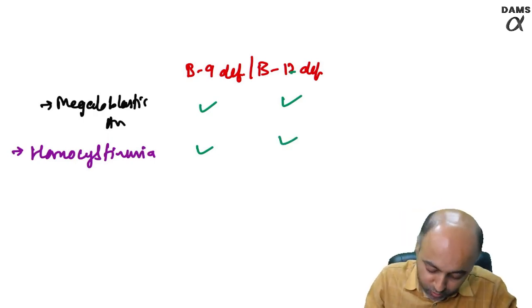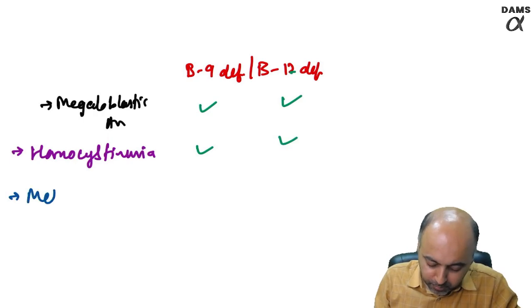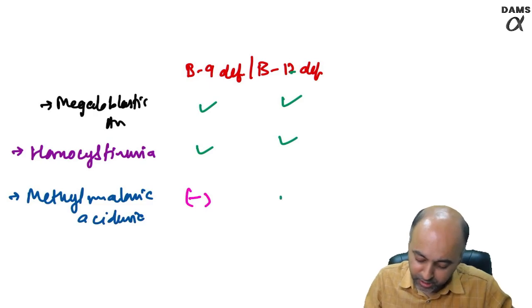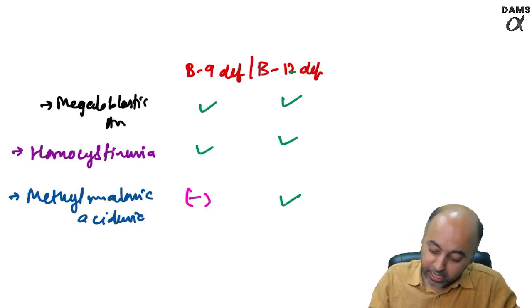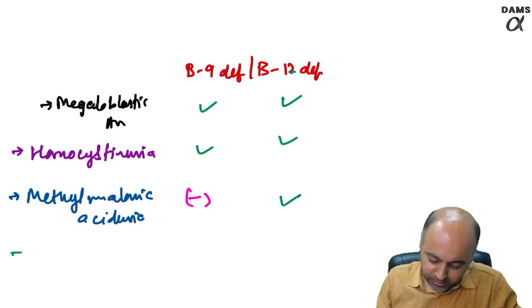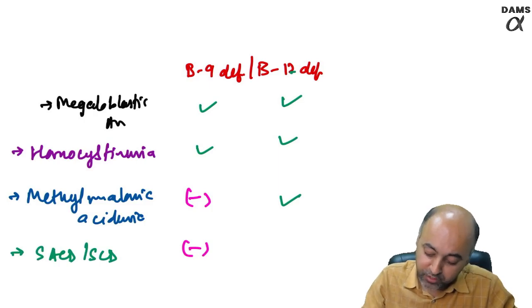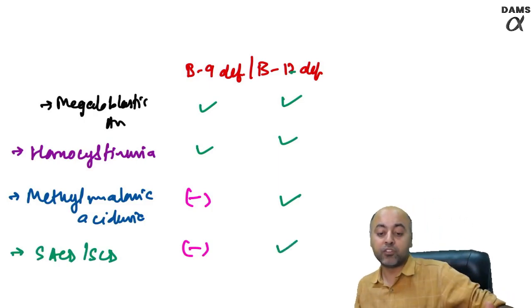In addition to this, you are likely to get methyl malonic aciduria. Methyl malonic aciduria is not seen in B9 deficiency, but it is seen in B12 deficiency. And last, you are going to get the subacute combined degeneration of the cord, which will not be seen in B9 deficiency, but will be seen in B12 deficiency.